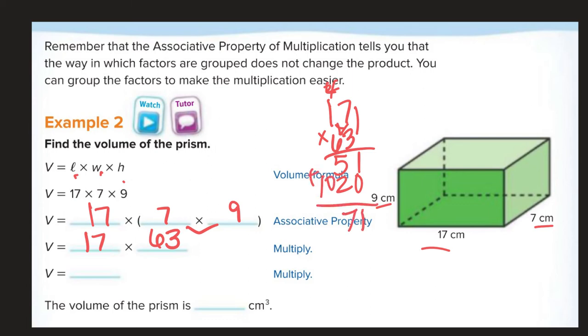So I'd get 1,071 centimeters cubed, or cubic centimeters. There we have it.